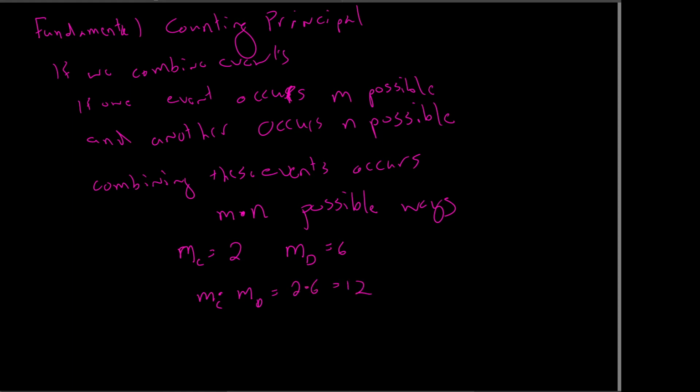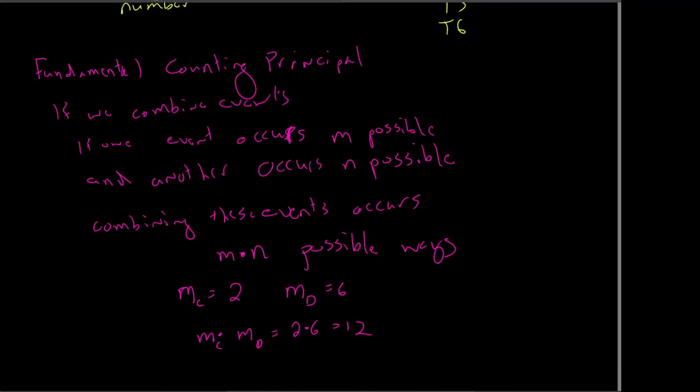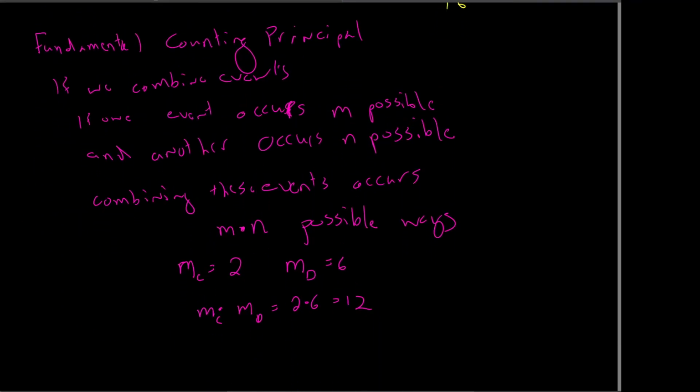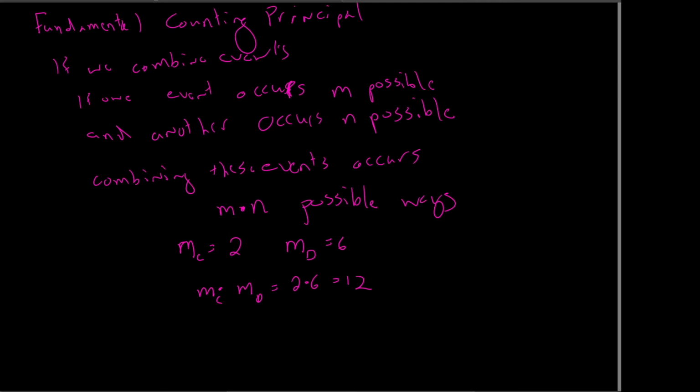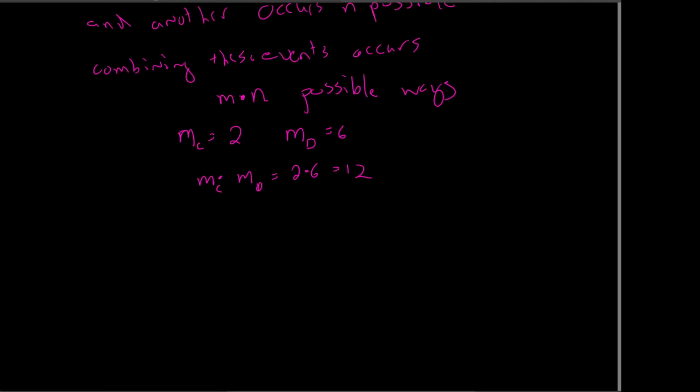Now if we come back up here, there we go. I did end up with 12 outcomes. And so the number of outcomes is multiplying. One of the things you're going to find is it doesn't take long for the number of possibilities to multiply to very large numbers.